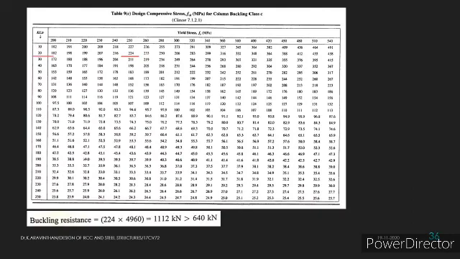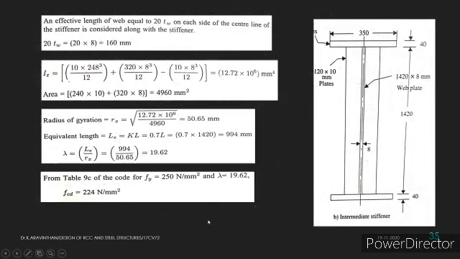Now we know that in order to find buckling resistance, we have the stress, which is the compressive stress carrying capacity, which is 224 into the area is 4960. If you multiply this, you will be getting the buckling resistance, which is 1112 kilonewton, which is greater than 640 kilonewton.